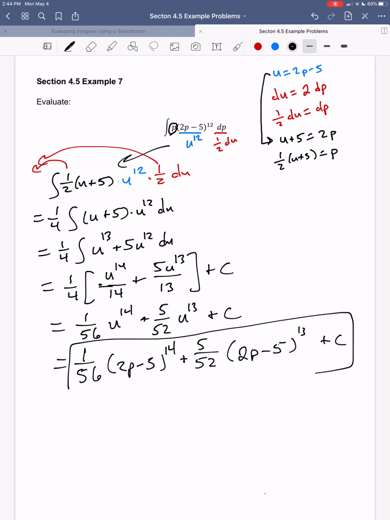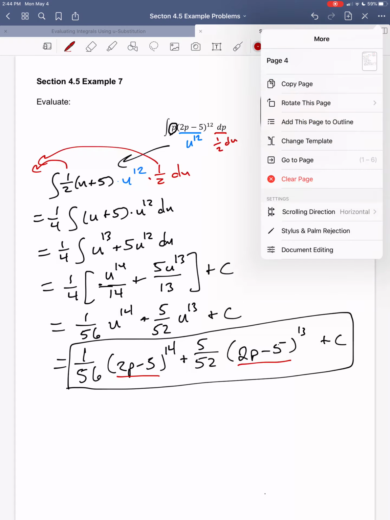In theory, if you really wanted to, you could do some work here where you looked at the fact that those are both 2p minus 5s, and you could factor out 2p minus 5 to the 13th power. I don't know how much that's really going to do for us, so I'm just going to leave it like that.